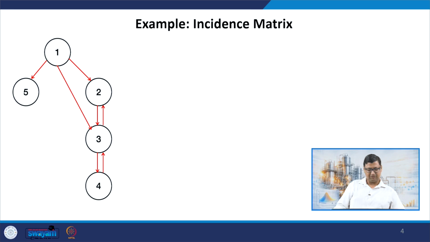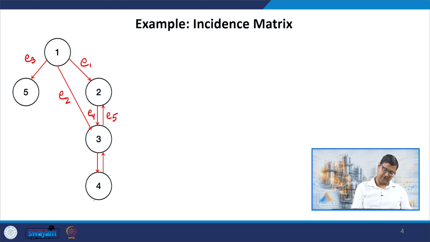Okay, so let's take one more example, a slightly more complicated graph, and try to do the incidence matrix for this particular graph, right? So let me label the vertices. This becomes my, let's say, E1, this is E2, and this is E3, and I call this one E4, this one E5, this one E6, this one E7, and then again I will have the vertices along the rows.